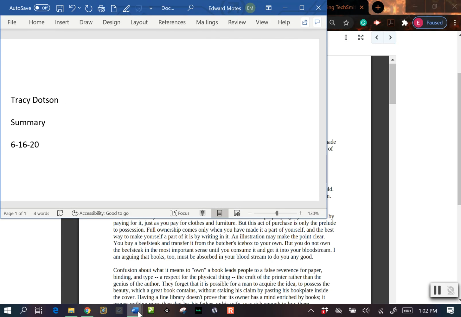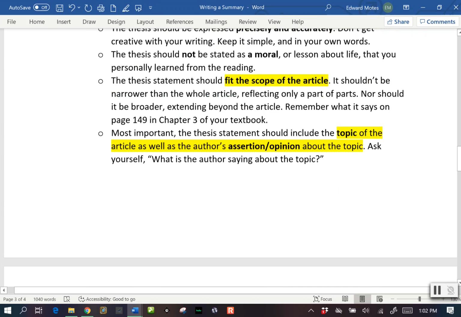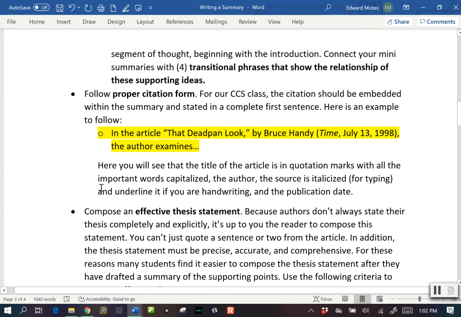And so what you can do is go back here, and if you want to, use this example like a formula, plug in your own information if this is how you want to start off this first paragraph.